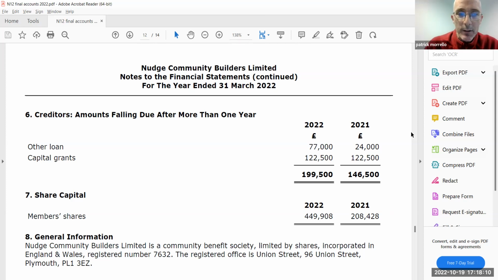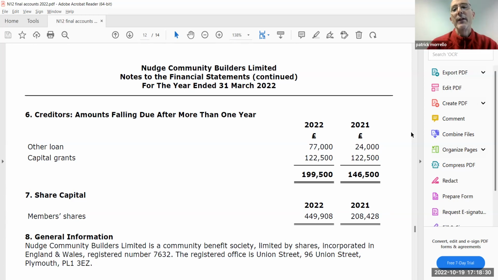And capital grants, again, this is a strange accounting thing. It's where a grant has been received and it relates to the purchase of a fixed asset, then you release that grant to income over the period that the fixed asset is being depreciated over.